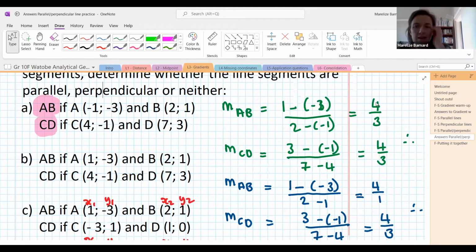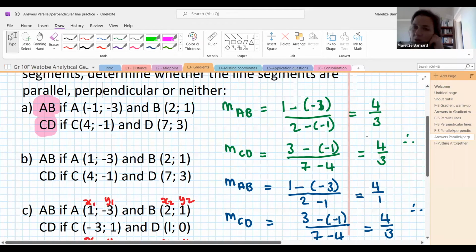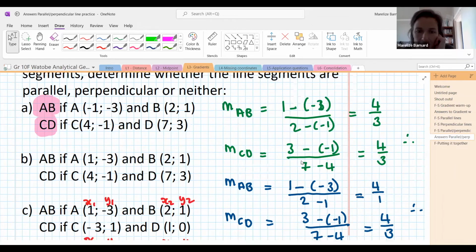And then because these gradients are the same, we can say that they are parallel. I think Bonolo got that right. Well done. And then Kinsani is also saying that it is parallel and giving us a nice explanation. Okay, Eunice, just double check your calculations.